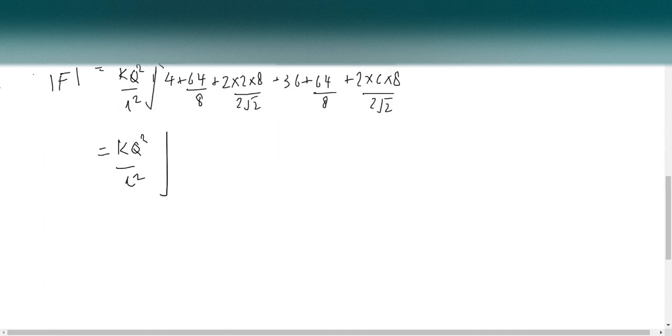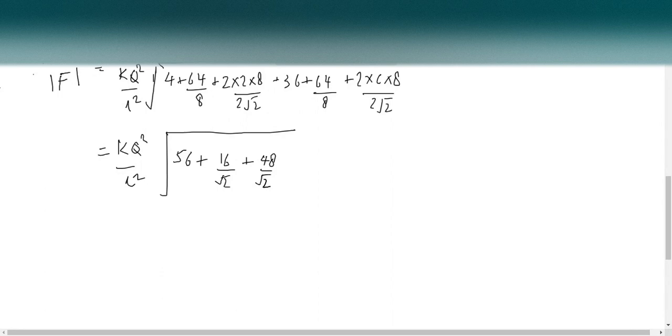Here we got 4, 8, 12. 12 plus 36, 48, 48 plus 8, it would be 56. So we got 56 plus 16 by root 2 plus 48 by root 2.